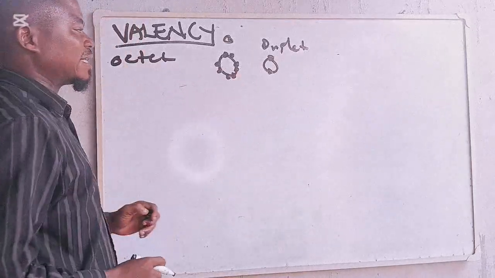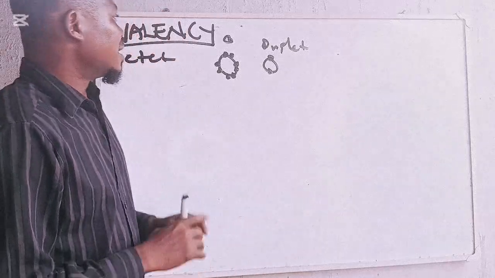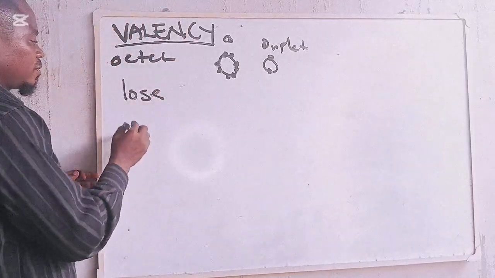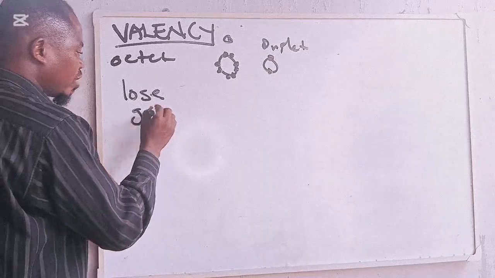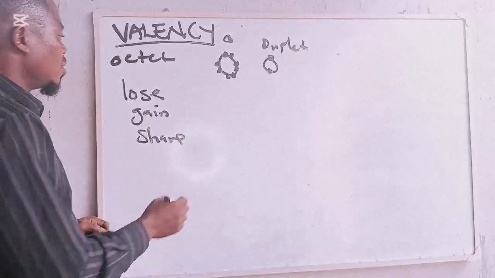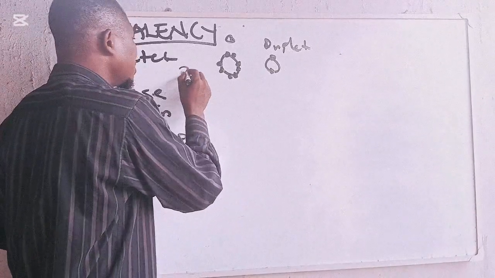So it's in an attempt to attain any of these states that they go into bonding because they want to be stable. And they can do this either by what? Losing electron, gaining electron, or sharing electron.